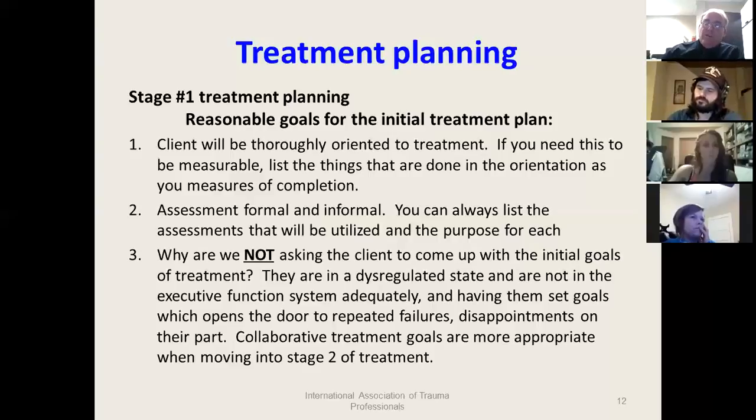Yeah, we do not want to set them up for failure. Telling somebody that is in a dysregulated state that they have to get connected out here in this community somewhere, when they are barely getting through the day, is a tremendous extra pressure to put on a client.